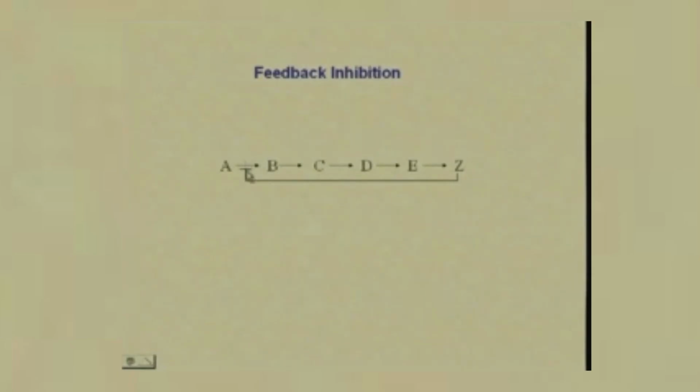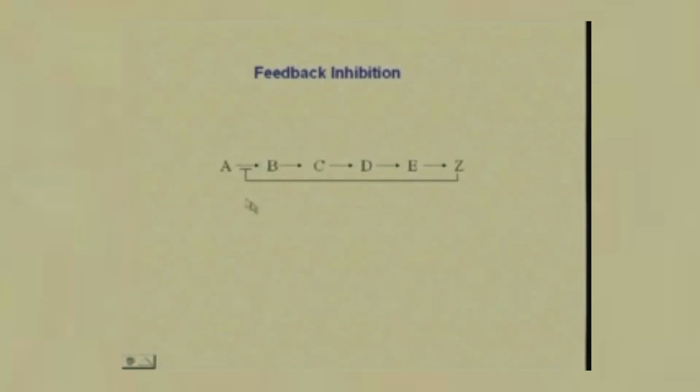So there is a particular enzyme acting for the transformation of A to B, another enzyme from B to C, another enzyme from C to D and so on. So say we are going from A to Z here. What happens is this Z usually is an inhibitor for this enzyme that transforms A to B.